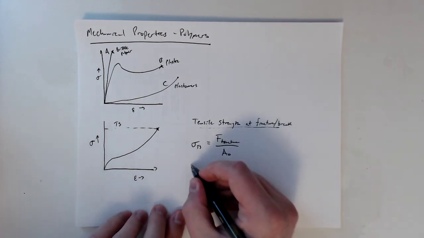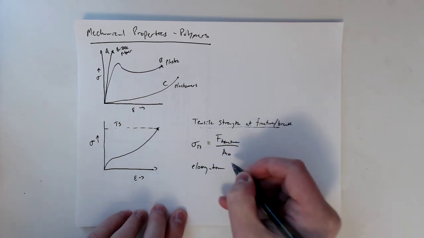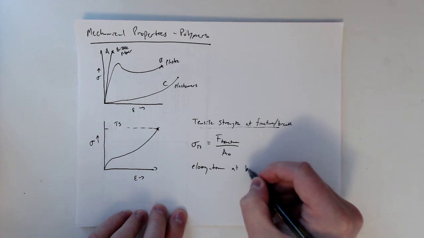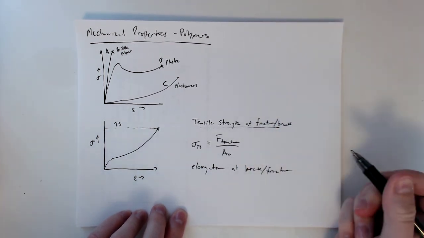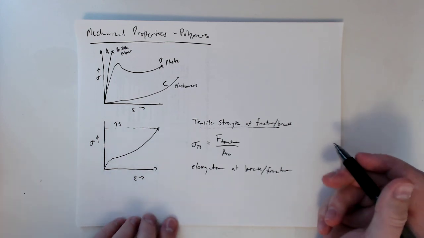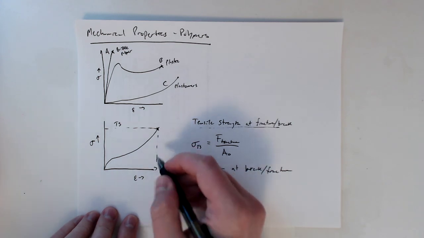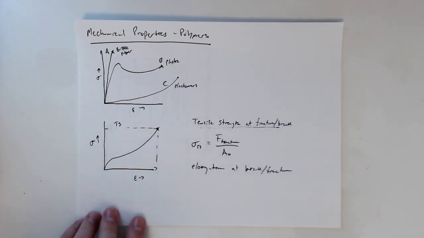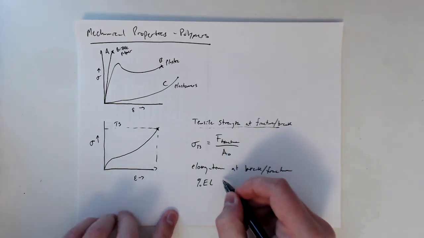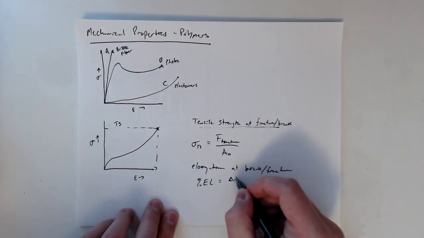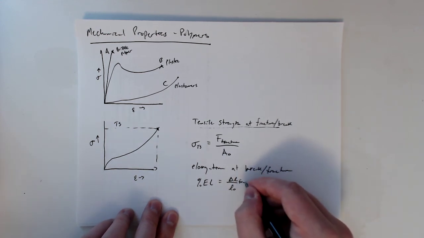Same thing if we want to look at elongation. We're typically talking about the elongation at break or fracture, just the convention we had there. This is going to be the strain that we have. Essentially this percent elongation is going to be equal to the change in length over the initial length at fracture.